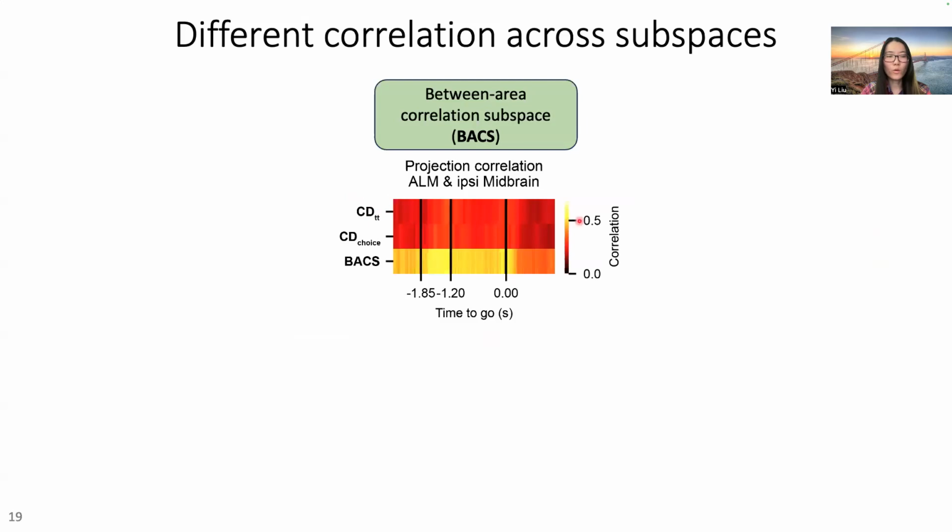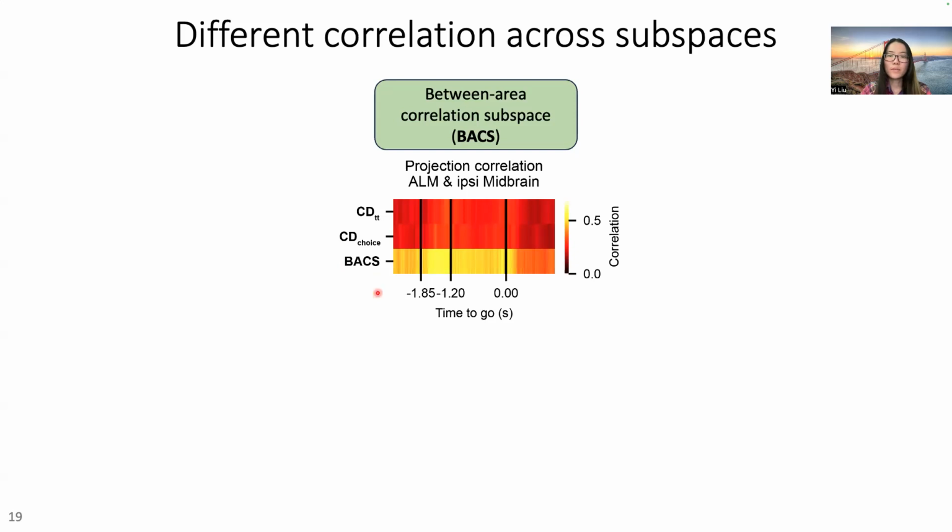Here, each row is 1 subspace, and the x-axis is the time. And this is the noise correlation calculated within each trial type, and then averaged across trial types. We see that although correlation along the coding subspace is high, along BACS it is higher.